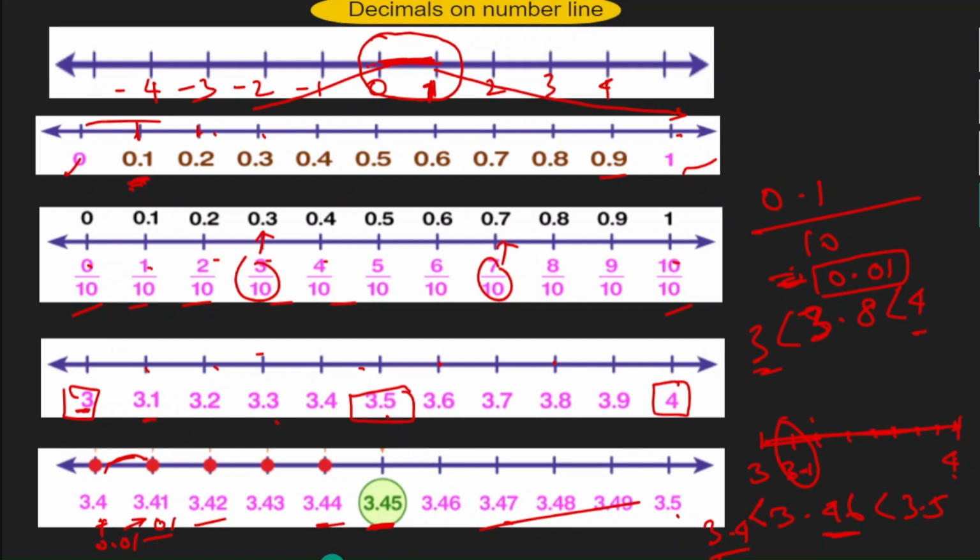If it is with two decimal places, you can easily understand that it will fall between the decimal places themselves, like here 3.4 and 3.5. This difference is only 0.1. So the difference of 0.1 has been divided into 10 equal parts. That will be 0.01 each equal part. And then you can easily find two-decimal-place numbers on the number line.